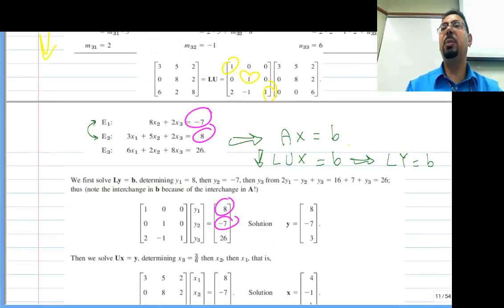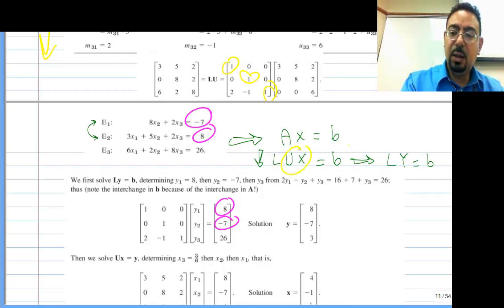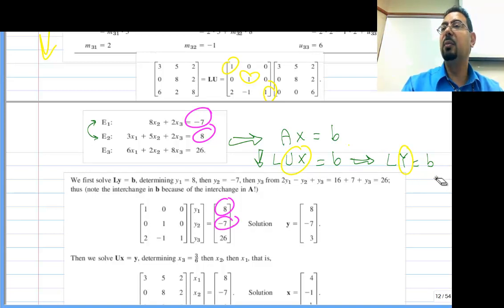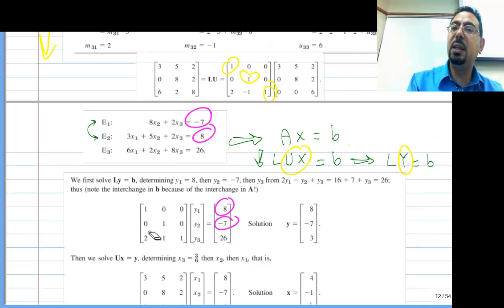And so now he would basically say, now we know Ax equals B, and I just split this A into lower and upper, LUx equals B. I'm going to pick this middle part here and call it y. That leaves Ly equals b. So he will take this lower matrix, and here is L multiplied by y equals his b. Remember the b we changed, we swapped the 8 and 7, the row with the row.